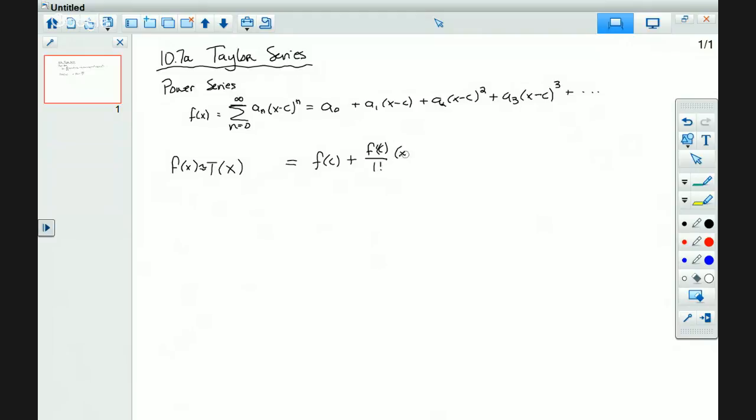Factorial. What's the second term? Third, you see the pattern developing, right? You notice a similarity.